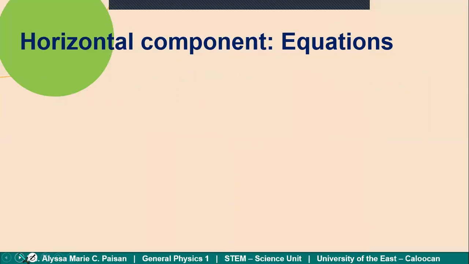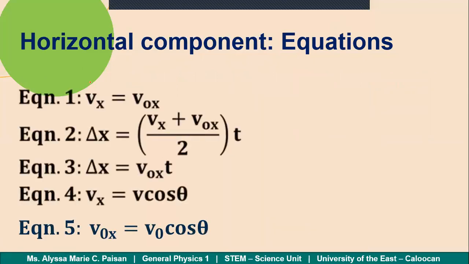Okay, now here are the equations for horizontal component. Recall these equations are actually the same equations for HUAM or horizontal uniformly accelerated motion. This Vx is equal to V naught x should have the at here. May at yan siya dito pag binalikan nyo yung equations natin sa HUAM. Now, why did this disappear? Because this becomes 0.